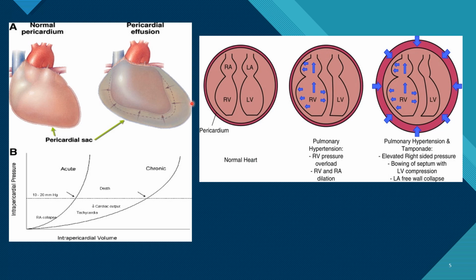So pericardial effusion means the accumulation of excess fluid in the pericardial cavity, and that will increase the intrapericardial pressure, which will prevent the expansion of the ventricle during diastole. Here we can see that the expansion of the left ventricle is prevented. It is narrow, so the diastolic filling is hampered.